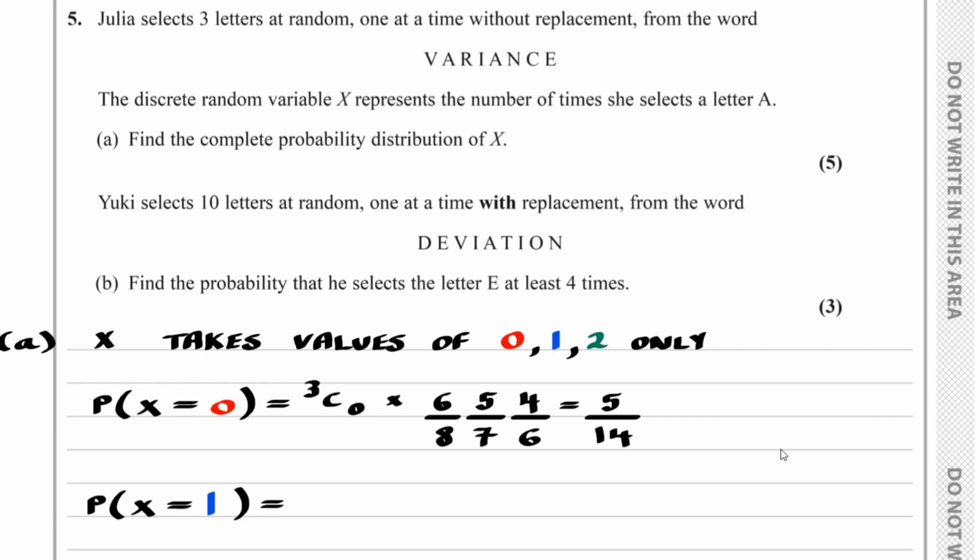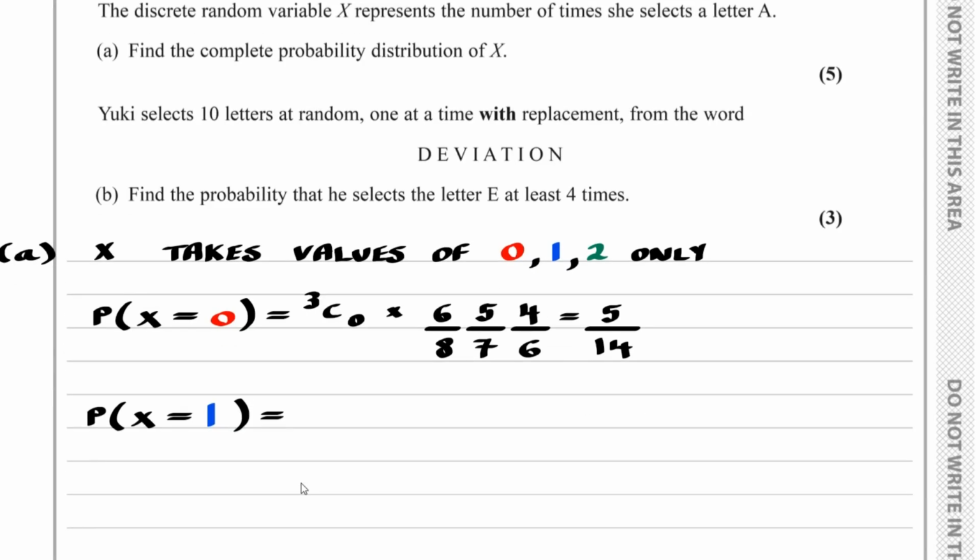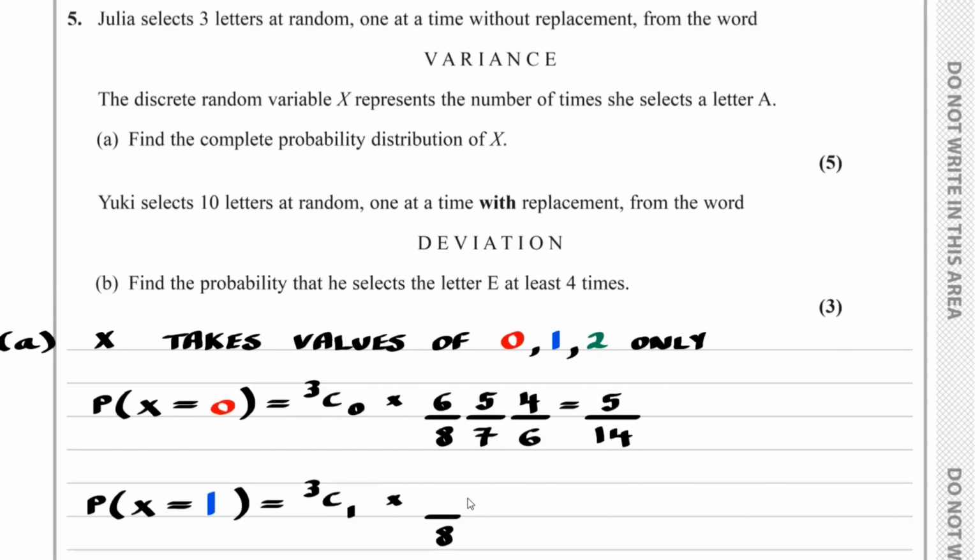Let's now work out the probability that X is equal to 1. Now the probability that X is equal to 1 means I only want to select one of those A's. So I've got 3 choose 1 multiplied by, well, out of the 8 letters, how many A's do we have? Well, I've got 2. And then for my second pick, I'm going to have 7 letters remaining.